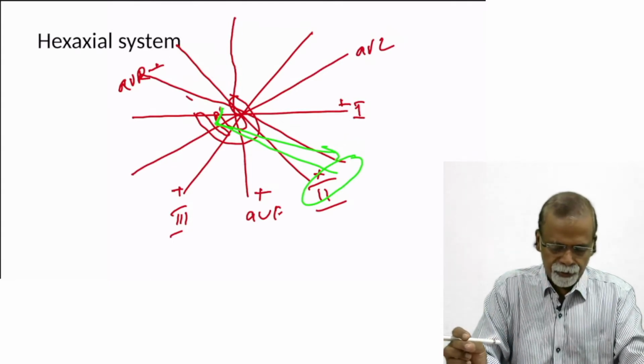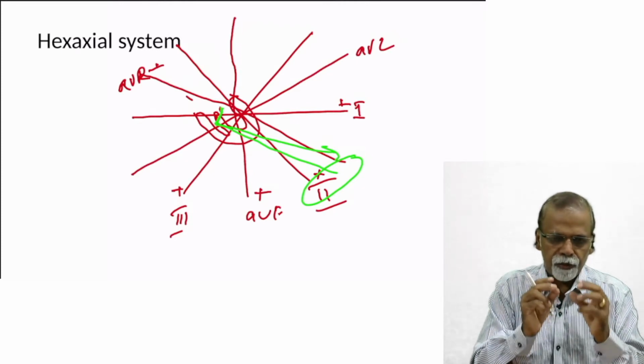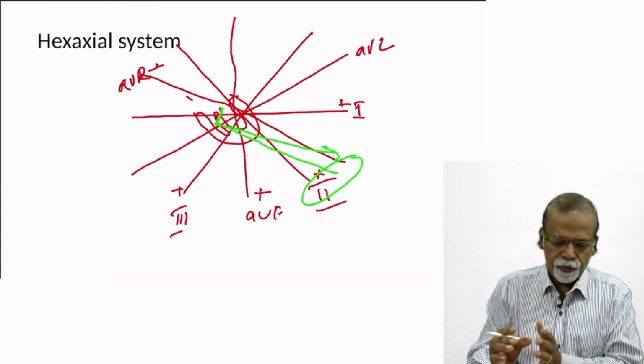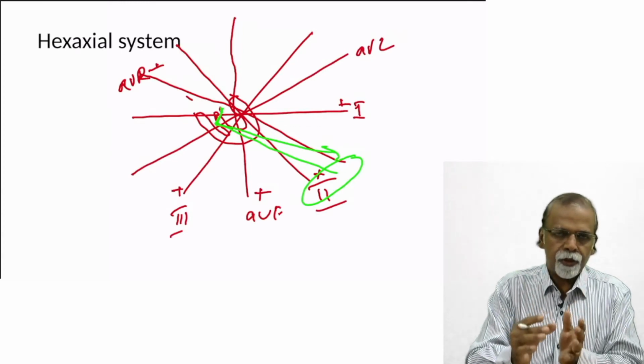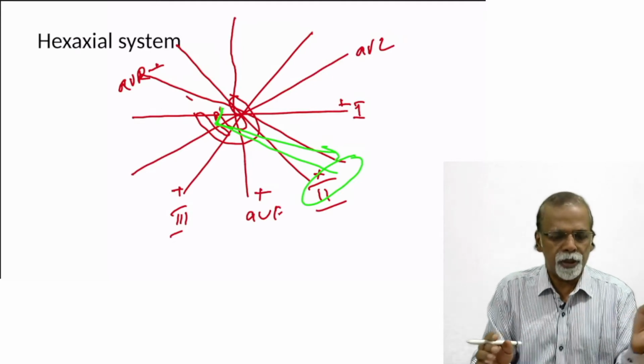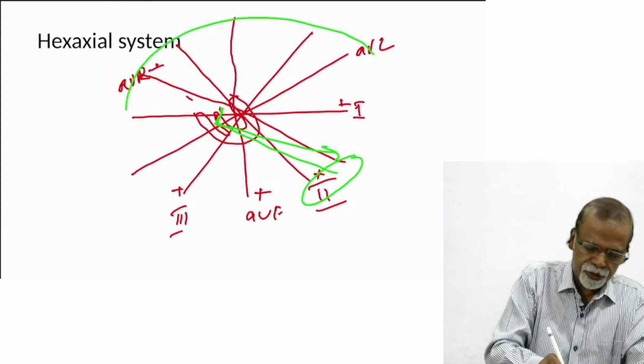Hope it is clear. So the total electrical forces, when we look from various leads, appear to be coming or going in the direction of lead 2. Now it is just for 360 degrees.